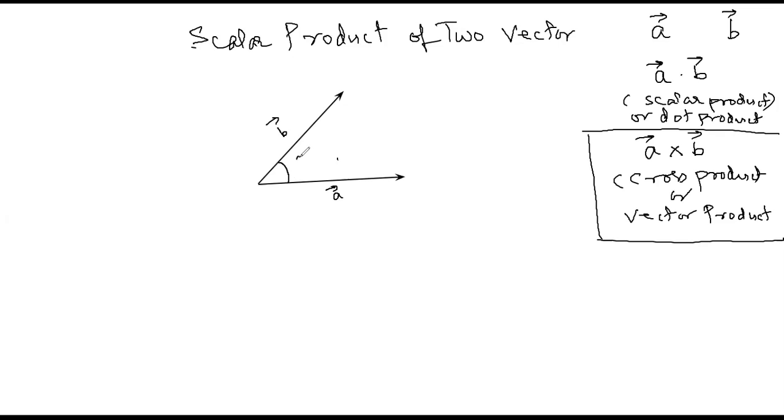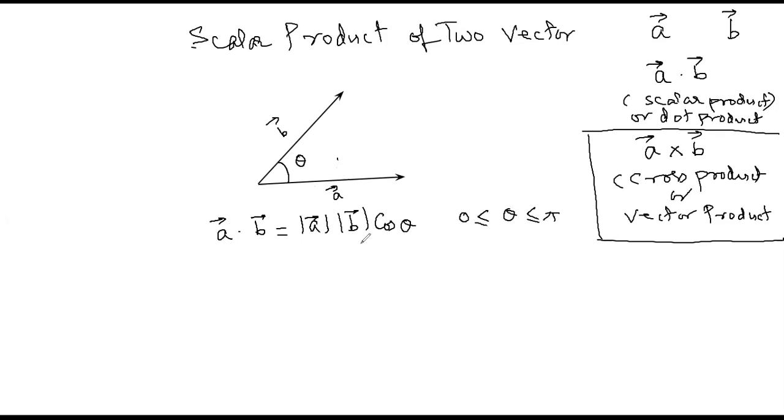The angle between them is theta. Then the scalar product or dot product is denoted by A dot B, and it is defined as A dot B equal to the magnitude of A into the magnitude of B into cos of the angle between them, where theta should be greater than or equal to 0 and less than or equal to 180 degrees, pi. So theta should be in 0 to pi, that means up to a straight angle.